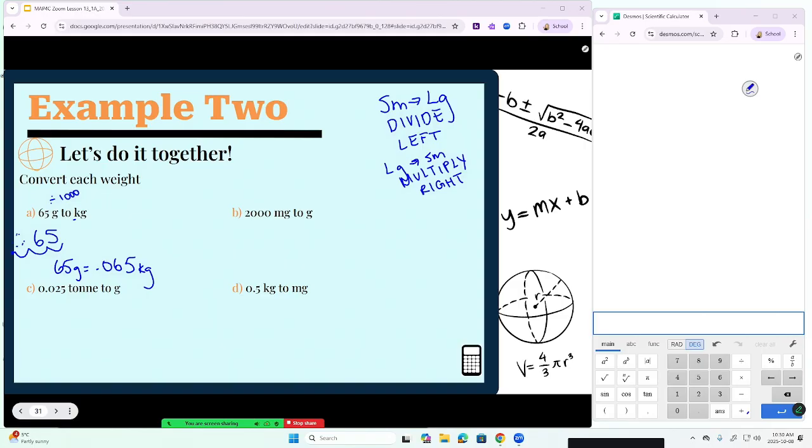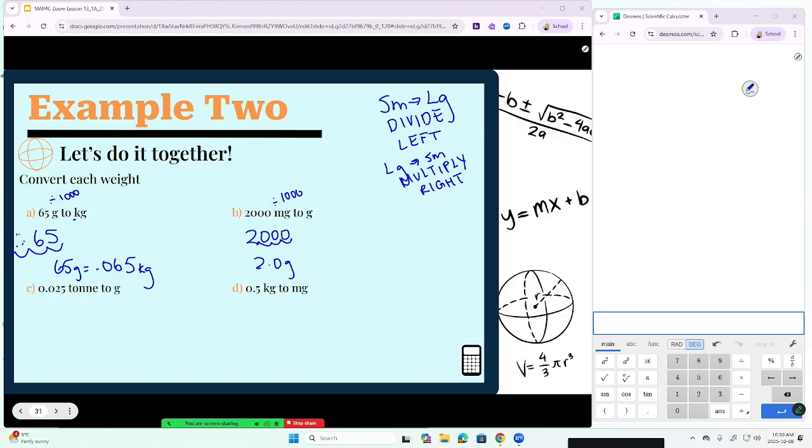When we're going from small to large, you divide, but here we're going from large to small, so we're going to multiply by 1,000, and we're just moving 3 spots. No, we're dividing. Milligram to gram. 1, 2, 3. 2 grams.